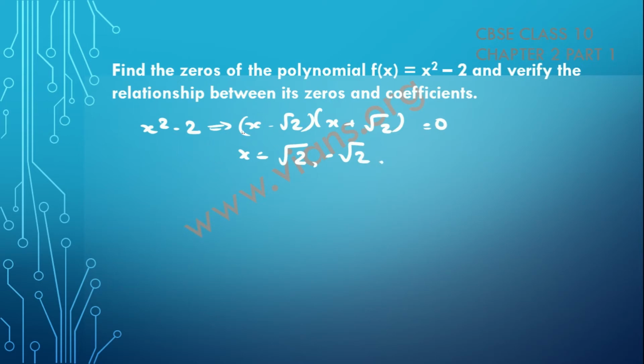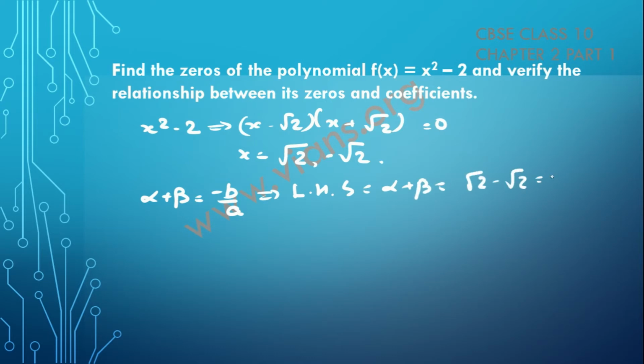And if I had to find the relationship between the zeros, then alpha plus beta is equal to minus b by a, wherein LHS, alpha plus beta, is equal to root 2 minus root 2, which is 0, and minus b by a is equal to 0 by 1, so that's 0, so hence verified.